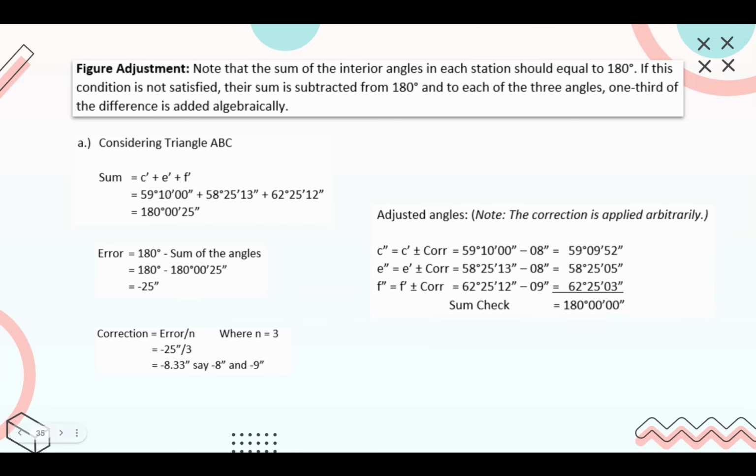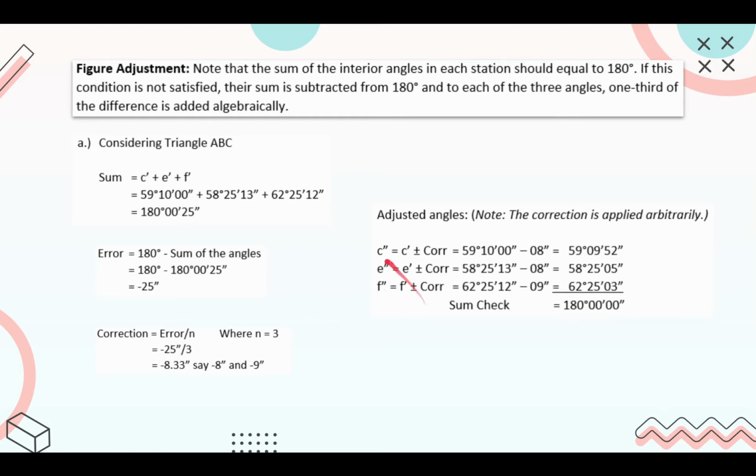Now, notice that in F double prime, we subtract 9 seconds instead of 8 seconds. This is what was meant by using negative 8 seconds as the correction for two angles and negative 9 seconds as the correction for one angle.